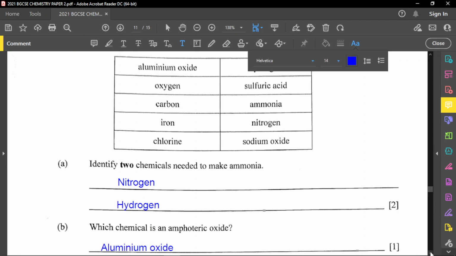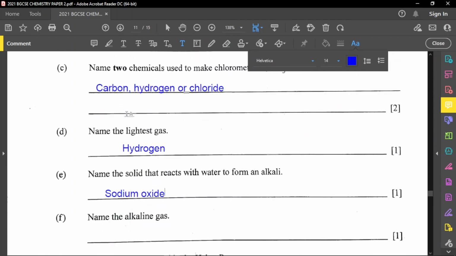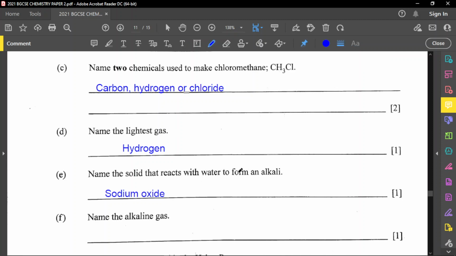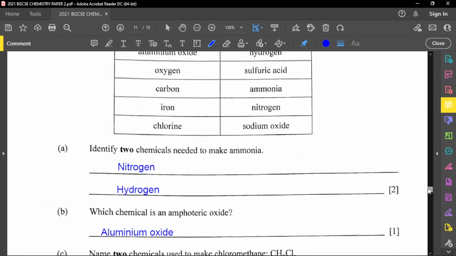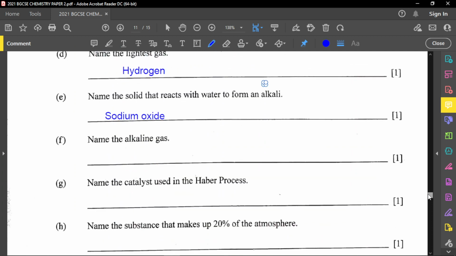I'm going to tell you the alkali it's going to form right here. If you think about it, just reason through it and you're going to see. Sodium oxide reacts with water, and it's going to form sodium hydroxide, and hydroxide is an alkali, all right. So hydroxides are alkaline. The only other metal there, let me see if there's another metal there. If you think about aluminum oxide, it doesn't react with water so easily. All right, so yeah, sodium oxide, that's okay.